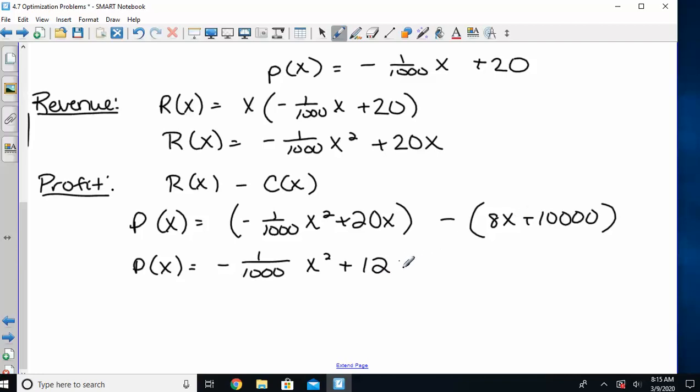I distribute my negative, add like terms, I get to here.